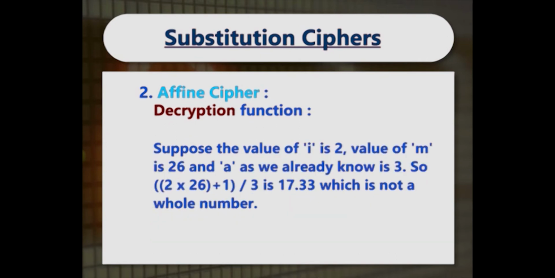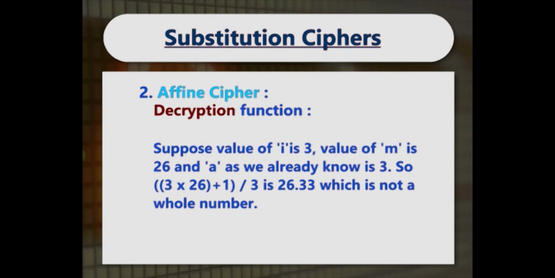Now, let us try. Suppose the value of I is 2, value of m is 26, and A, as we already know, is 3. So, 2 into 26 plus 1 divided by 3 is 17.33, which is not a whole number. So, 2 does not work here.